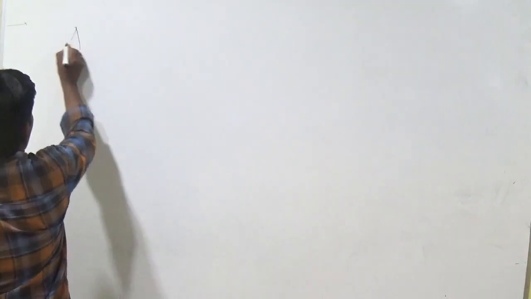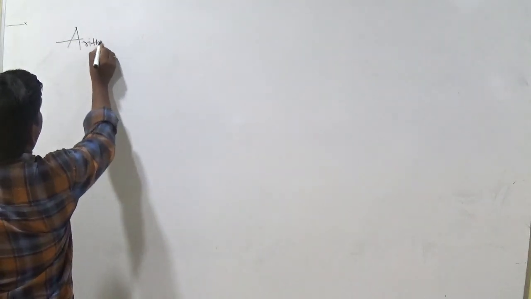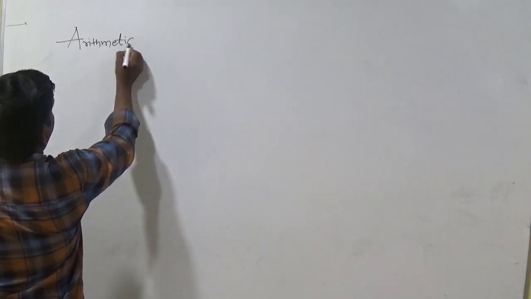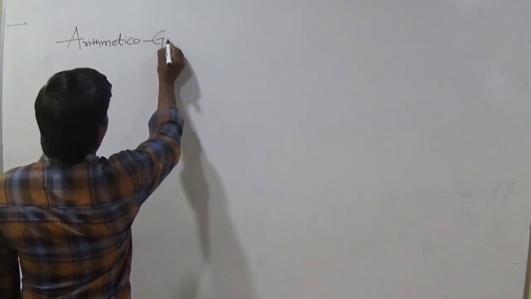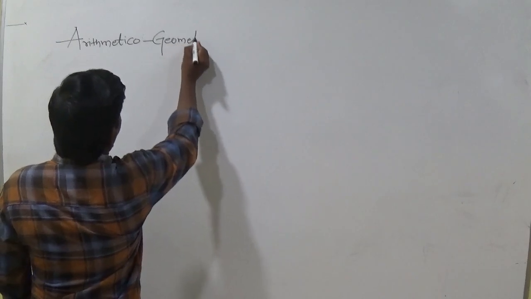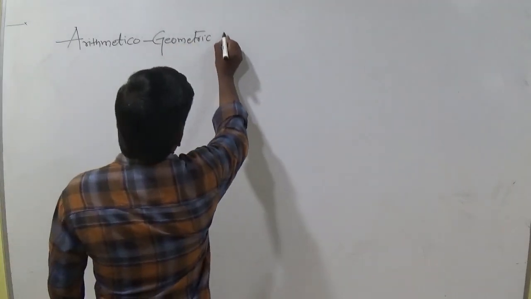Good morning, students. So far we have discussed some problems and we completed handsheet 1, handsheet 2 and some other handsheets, and today we are going to learn a new concept, that is arithmetic-geometric sequence or progression.